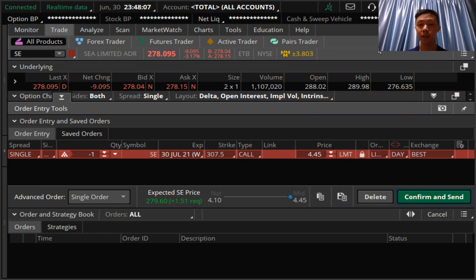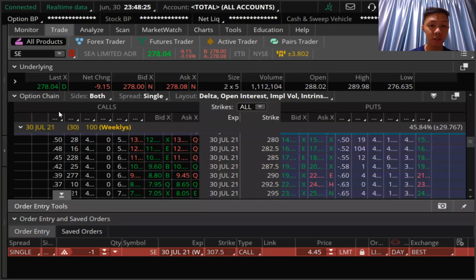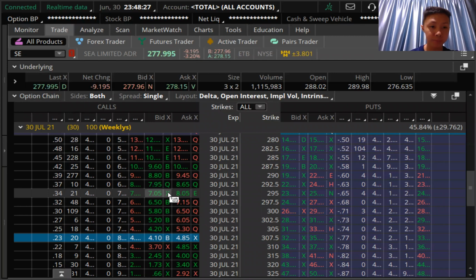You will see that sum in your cash and sweep. So you see $30,750 additional in your cash and sweep. Okay, so this is sell call option.